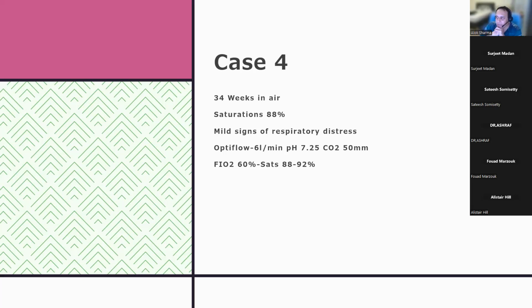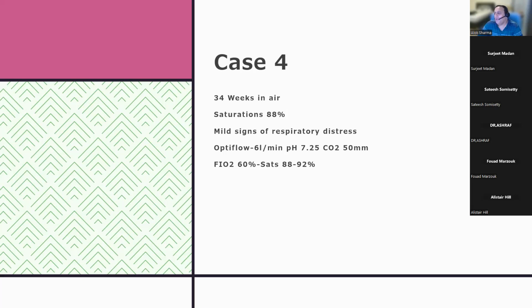Then a decision was made to admit the baby because the saturations in about 25 to 30% FiO2 were about 88%. The baby just has mild recession, equal air entry, looks pinkish, is well perfused, was admitted, screened, and started on antibiotics.